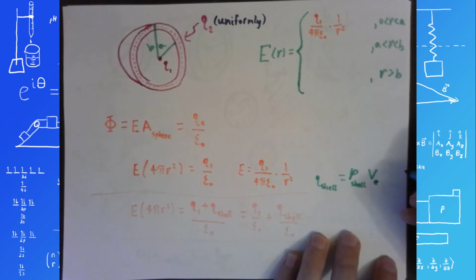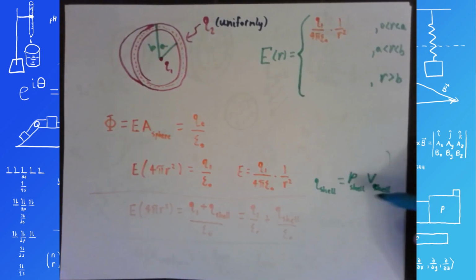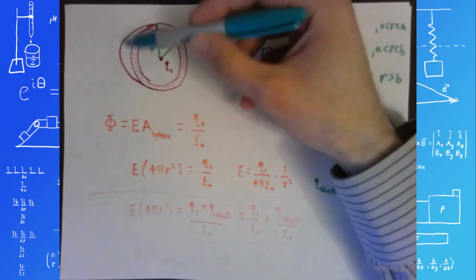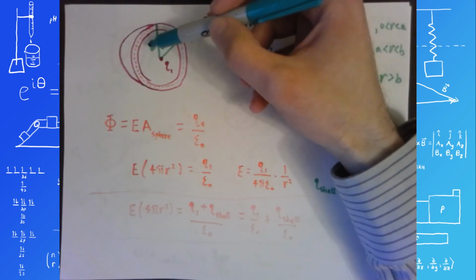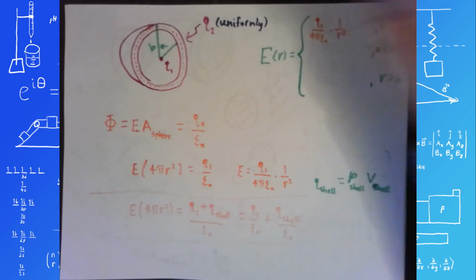I'm going to call it V shell. So it's going to be charge per cubic meter times the number of cubic meters that we have enclosed by our Gaussian sphere here.